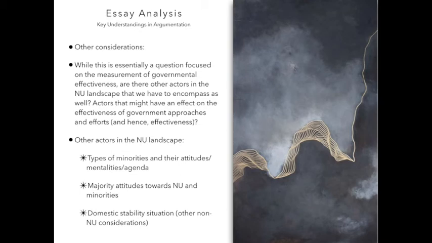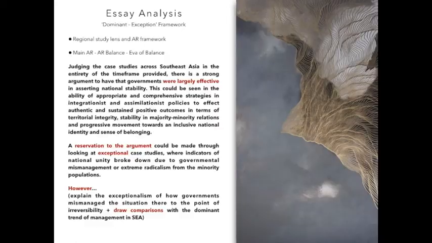It's more that this is another dimension which you can consider, and it will be a good encapsulation of what the national unity landscape looks like. It's not all just simply about the policy itself, but it's the policy in interaction with various actors in the national unity landscape. Okay?